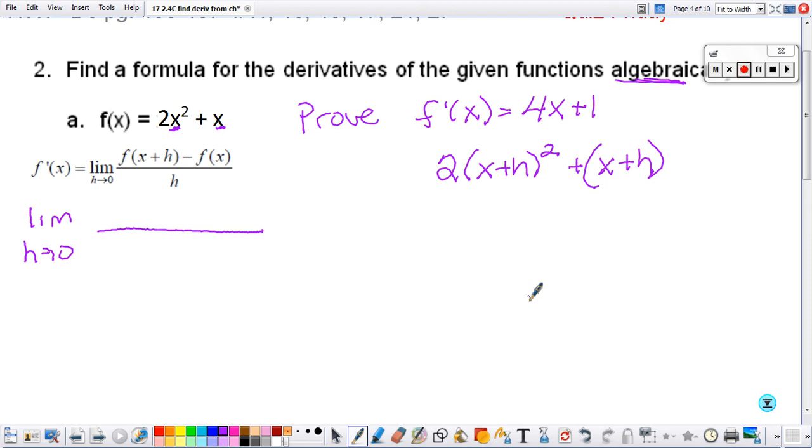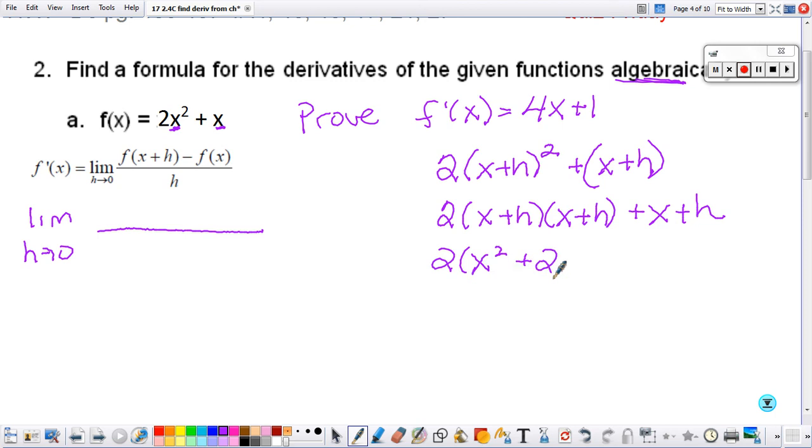If you want to put parentheses around that to show that it's this x that's added at the end, you can. Then I have to multiply it together and combine all my like terms. Distribute the 2.